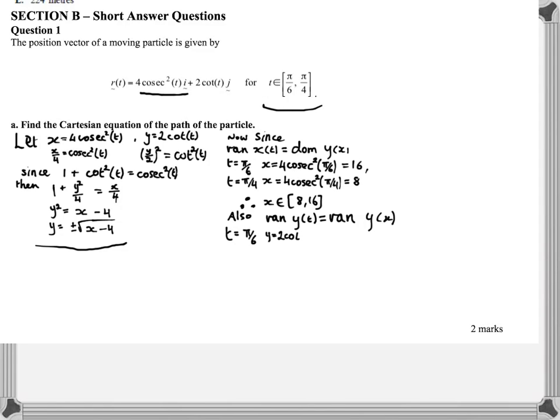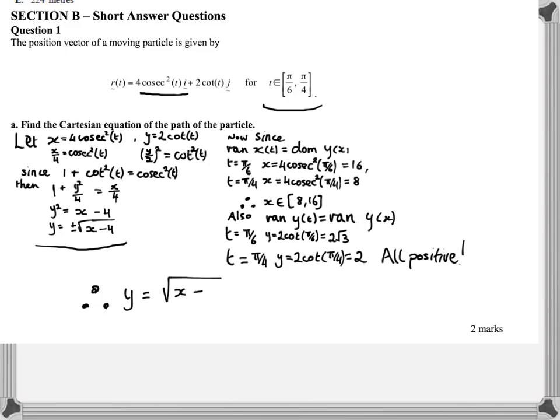So again, we do the substitution, this time into the y function. The first one gives you 2 root 3, and when t is pi on 4, we get y equals 2, and we note that they're all positive. There are no negative values, and therefore only the positive square root is the correct one.